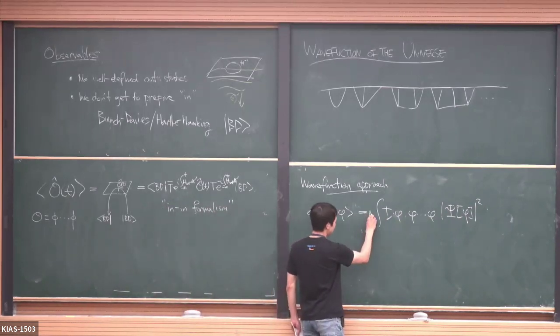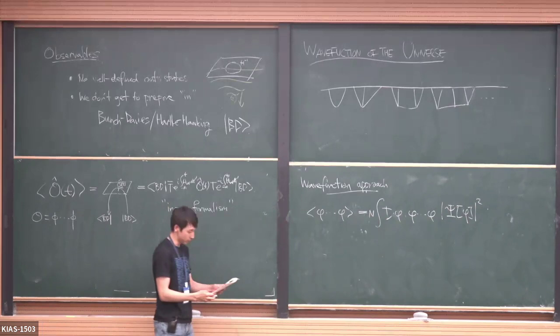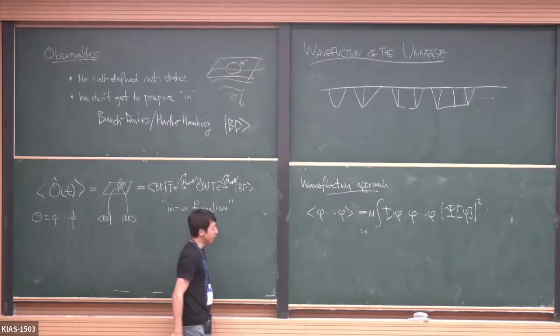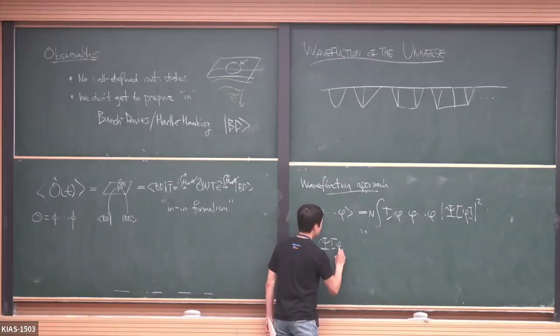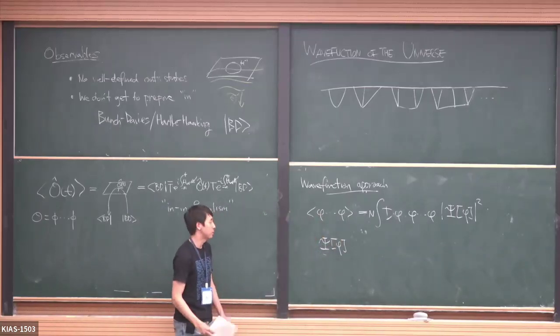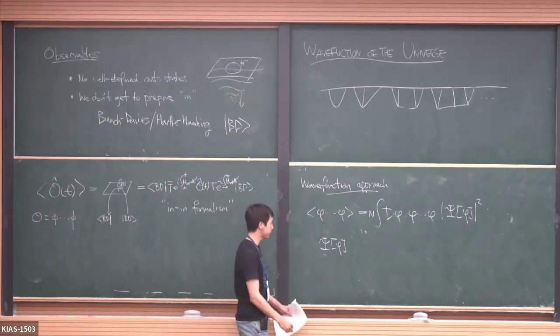There should be some overall normalization constant as well. And this wave function is really a wave function that now depends on this field.